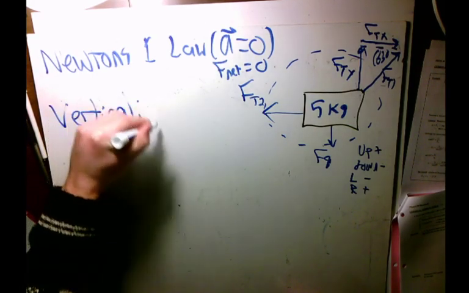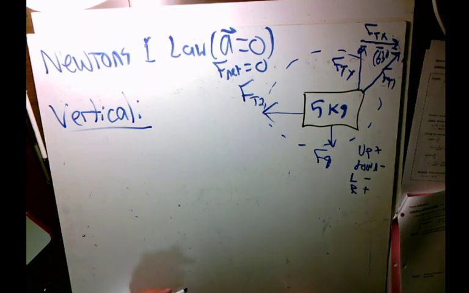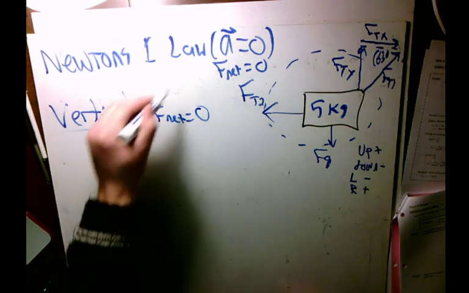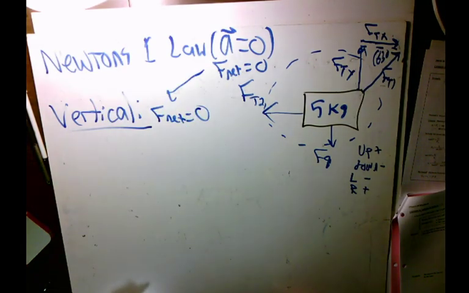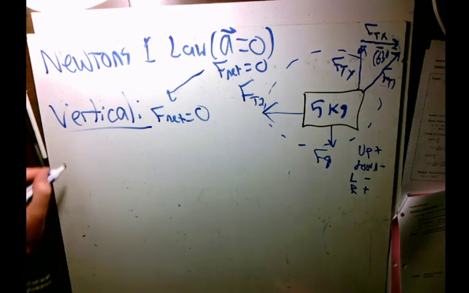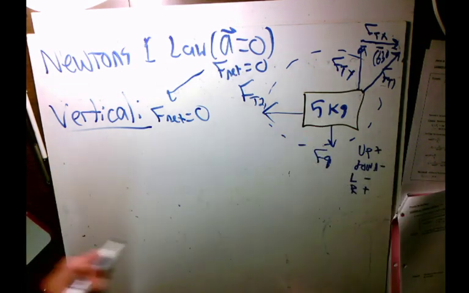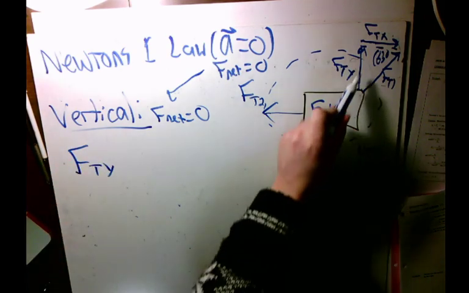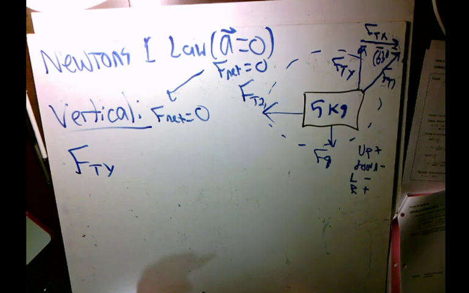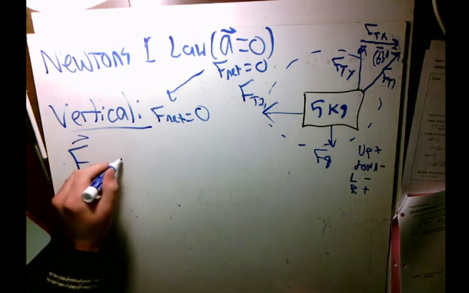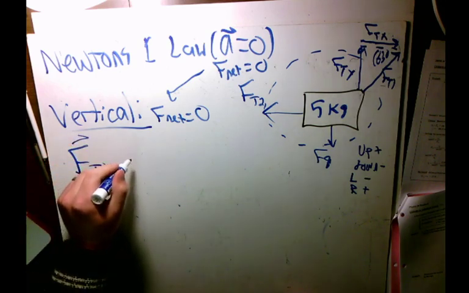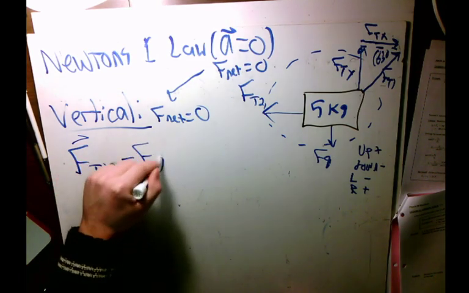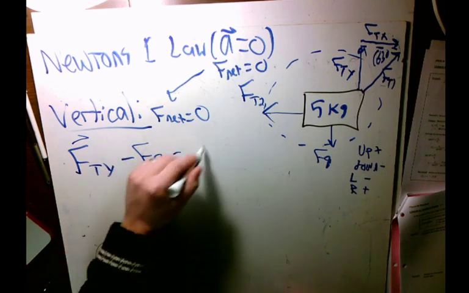So we're going to look at the vertical forces, knowing that F net is 0. So we have FTY, which is that vertical component to this tension force in rope 1, and we have our force of gravity, which is down, is equal to 0.